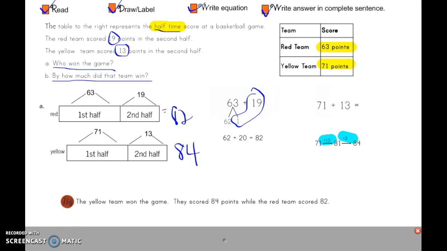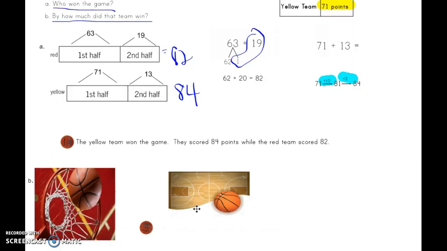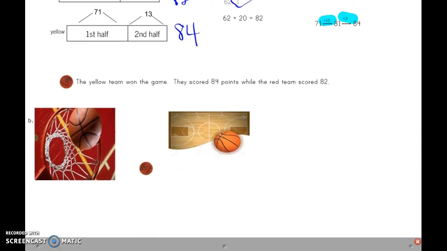So I know that the yellow team won the game, and I need to find out by how many points they won that game. So the first thing I want to do is to make a tape diagram to help me understand my whole and my parts.